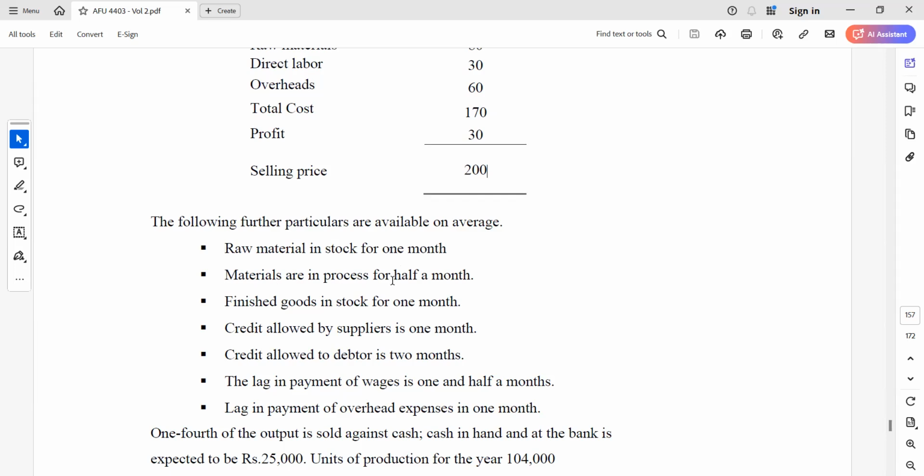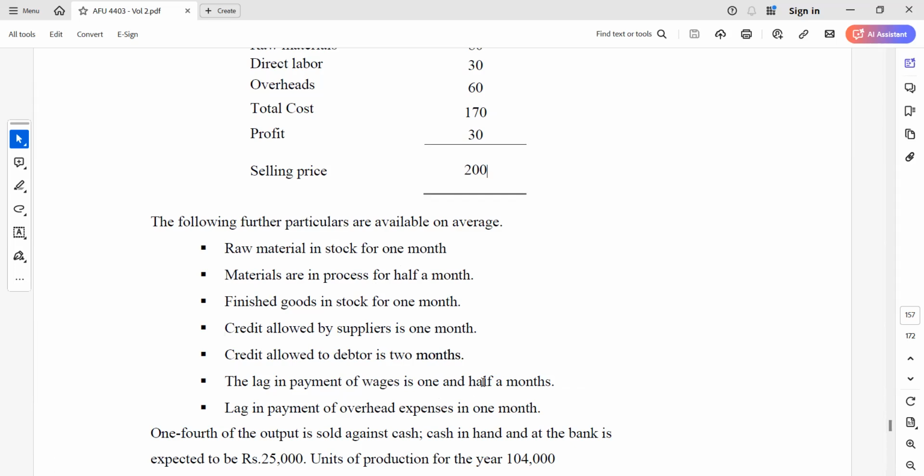Work in progress, half a month. Finished goods, one month's requirement. You get a credit period of one month from suppliers. Sales are made on credit, and customers are given a credit period of 2 months.